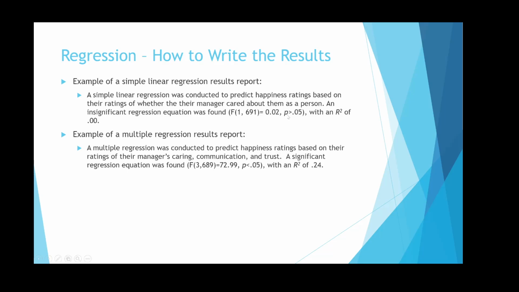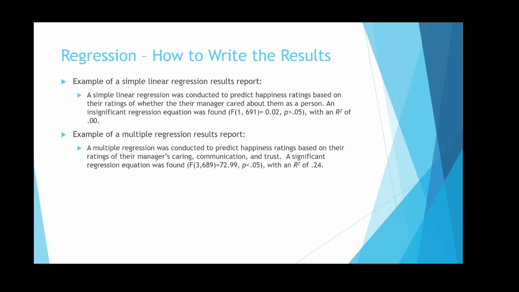Comma, p. Your p needs to be italicized and lowercase. Either a greater than or less than sign, 0.05. If you want to be a little more conservative, you could use 0.01 as alpha, or even 0.001 if it's like a life or death situation. But typically 0.05 is used.